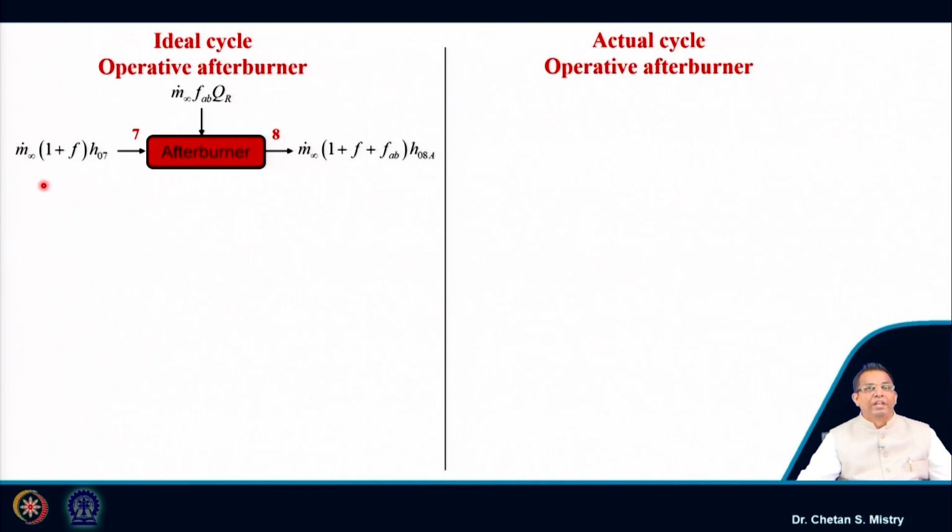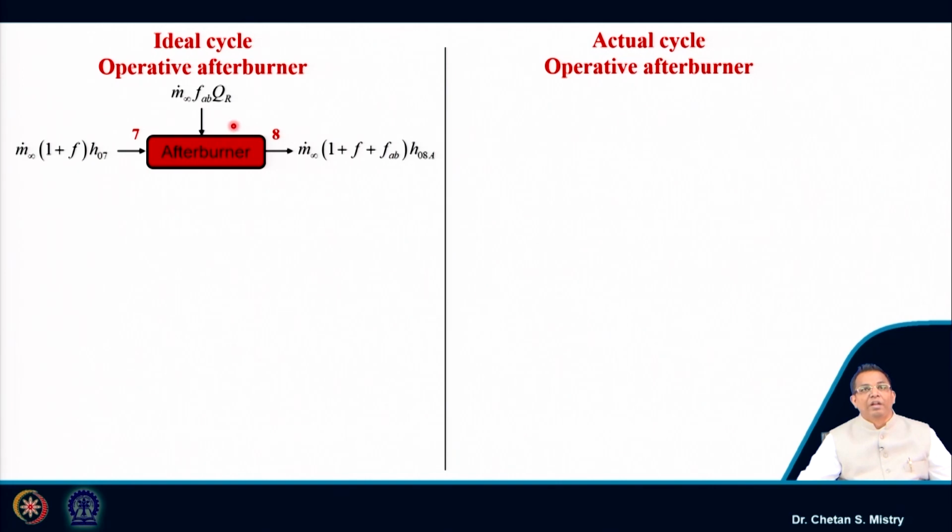The entry heat we can represent in terms of m infinity into 1 plus f at 0.7. Same way at the exit there is a change, in terms of m infinity into 1 plus f plus fAB.